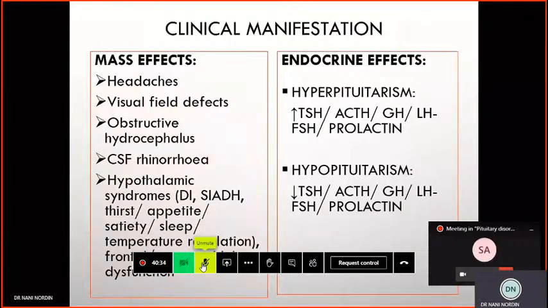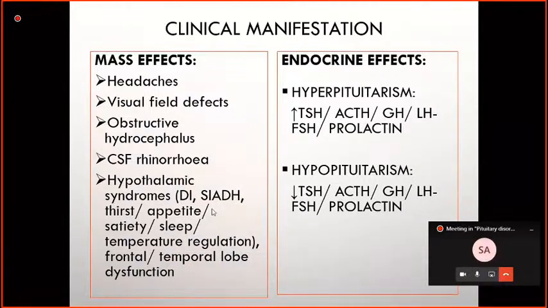Okay, so we talked about the hypothalamus and the mass effect that can occur when there's involvement of the hypothalamus. Another thing is the pituitary stalk, which is like a bridge connecting your hypothalamus to your pituitary.